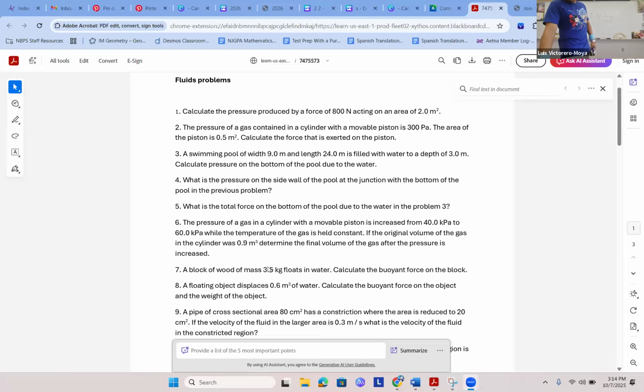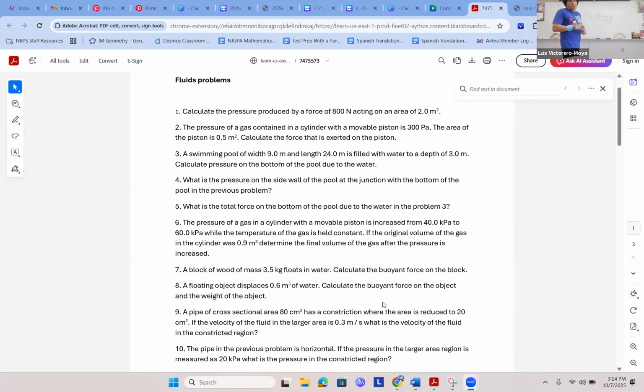A block of wood with mass 3.5 kilograms is floating in water. Calculate the buoyant force. All right.